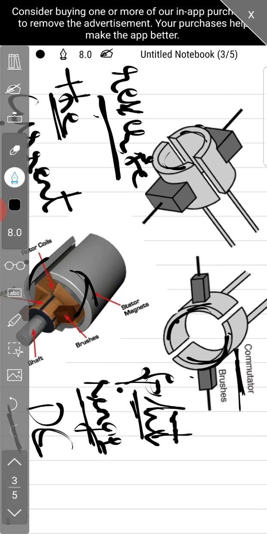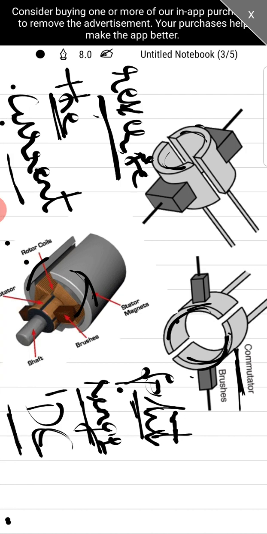Split rings are always used in case of DC current only, that is, in a DC motor or DC generator. And split rings will always be in semicircular shape.